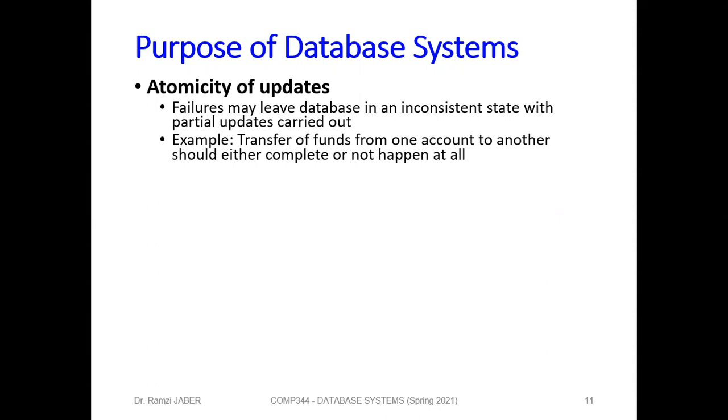So this is called atomicity of updates. If any update of data is interrupted or disconnected, what happens to this data? It must either complete or not happen at all. So here TCP protocol must be used.